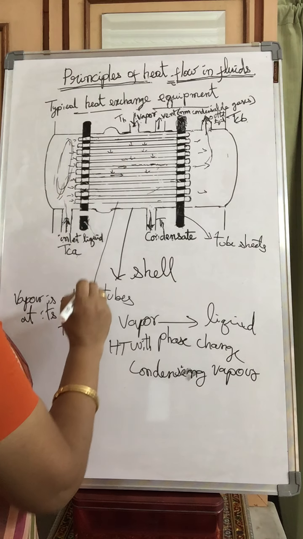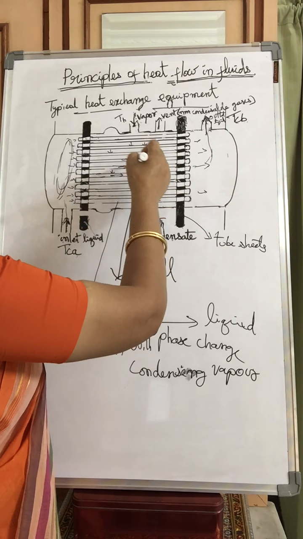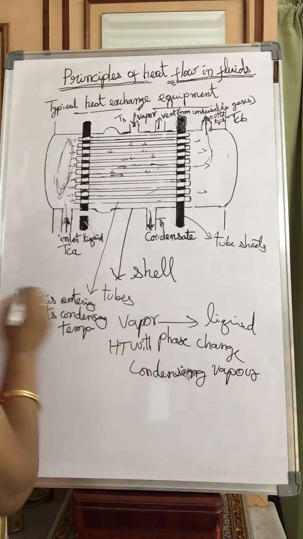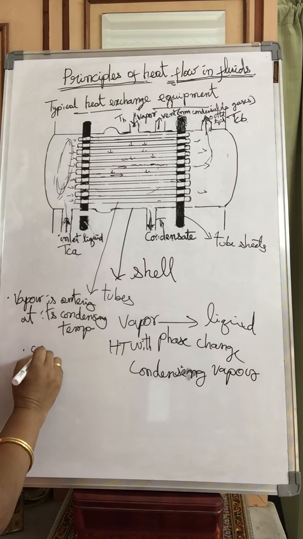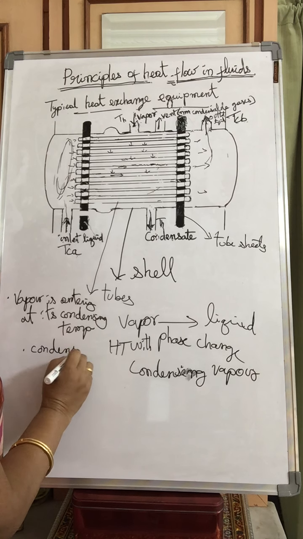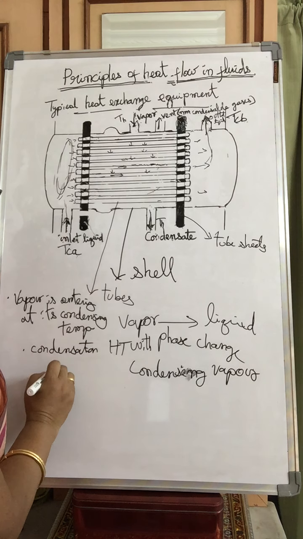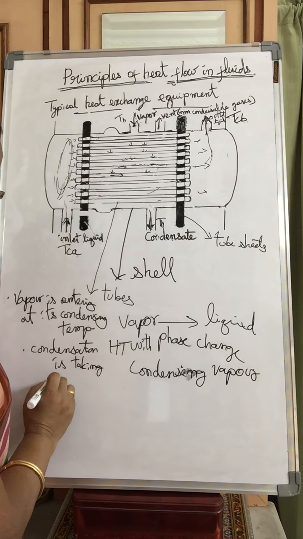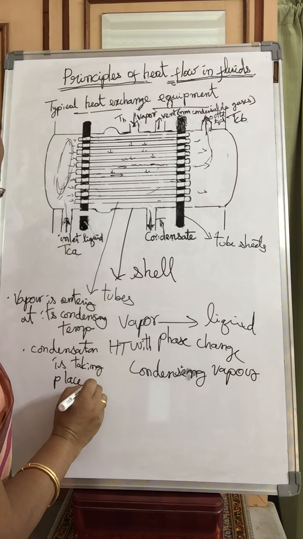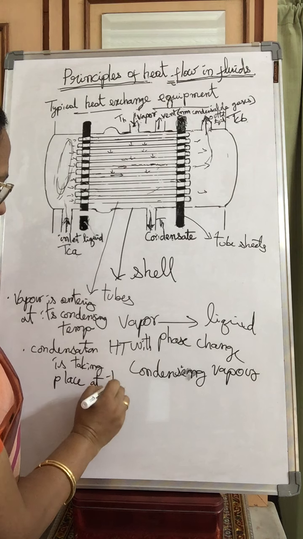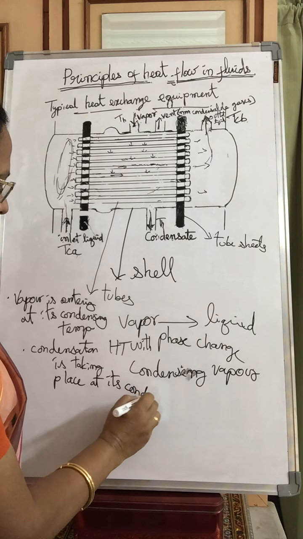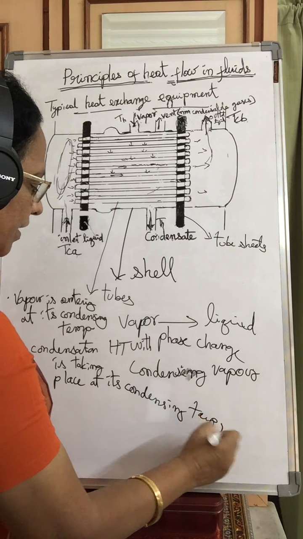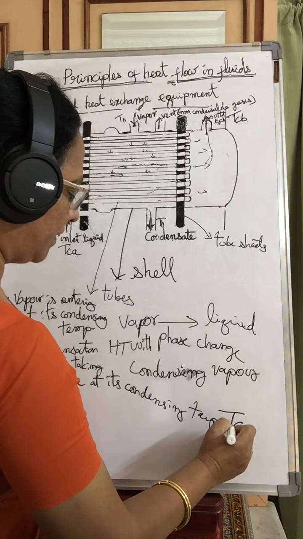Another assumption is that condensation is taking place at its condensing temperature. Condensing temperature is denoted by Tc.